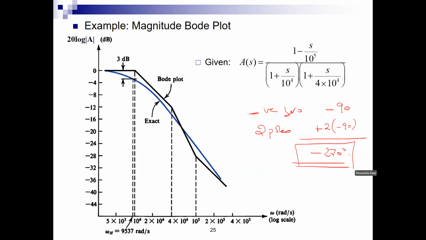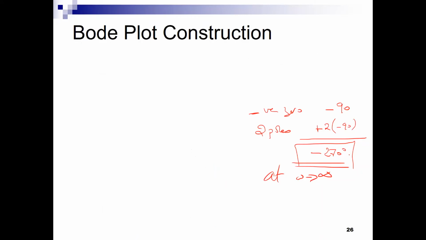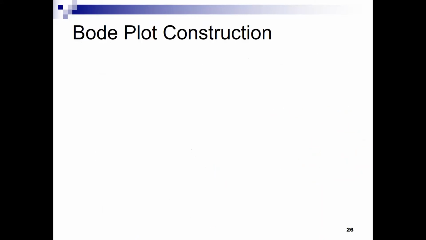Okay, so this information I expect that you should try to remember. Every pole towards infinity gives me minus 90, and every zero, if positive, gives me plus 90, and if negative, gives me minus 90. Okay. Anybody else has any questions?